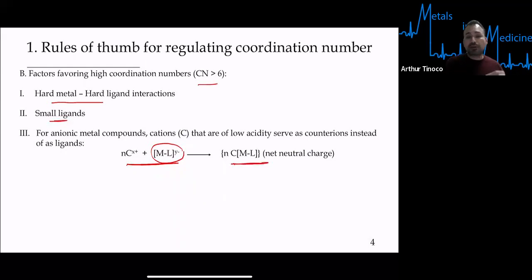Remember, the counter cation will also be positively charged, just like the metal. But how does that counter cation not compete with the metal for ligation? In this case, that counter cation has to be of a low acidity, such that it doesn't have a propensity to bind to the ligands that would bind to the metal, so that there wouldn't be any competition, or at least minimal competition, between the cation and the metal for interaction with ligands.